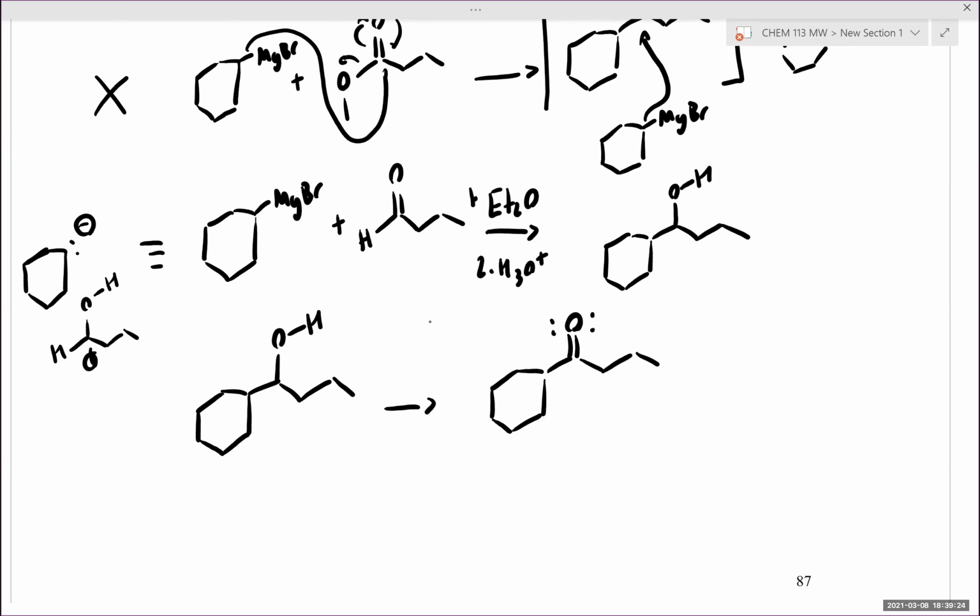treatment with base would just deprotonate it. How do we go from an alcohol to a ketone? What conditions do we need to utilize? So how do we accomplish this functional group interconversion?